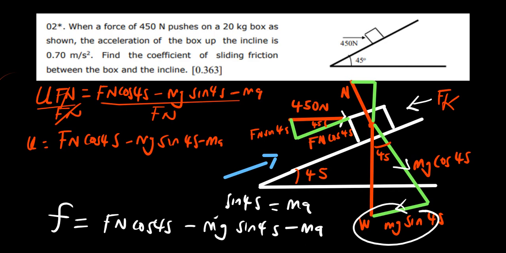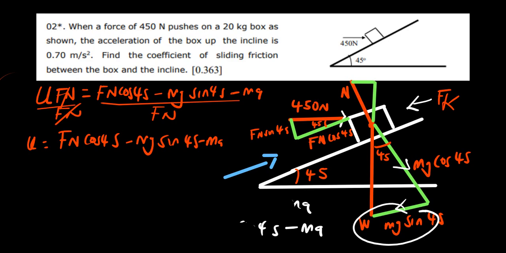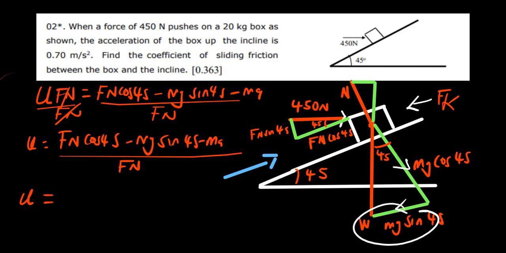Now that we've got this, what do we do? Our job now is just to replace. We're saying this side is divided by Fn, so mu is equal to, now what is Fn, or the force in that direction? That's another question you should ask yourself.